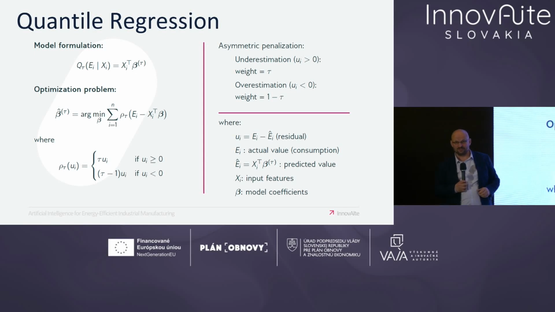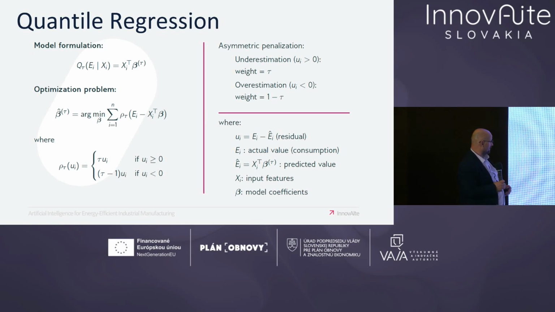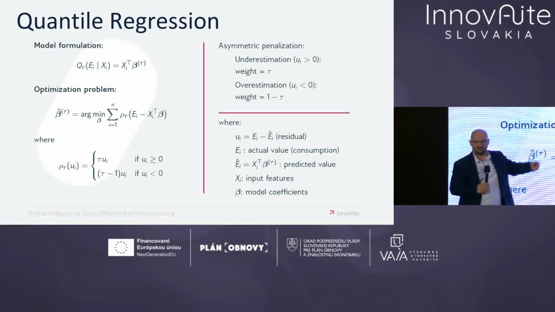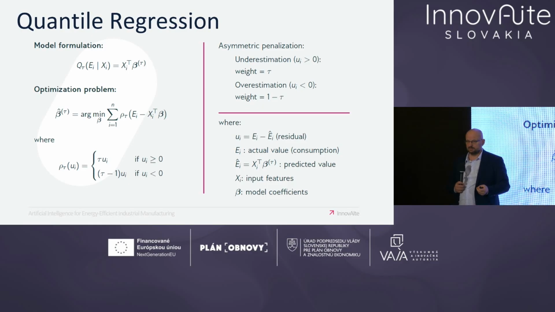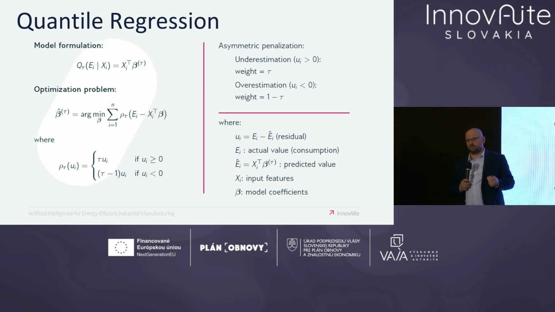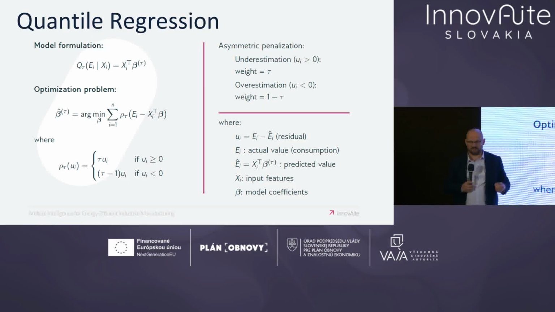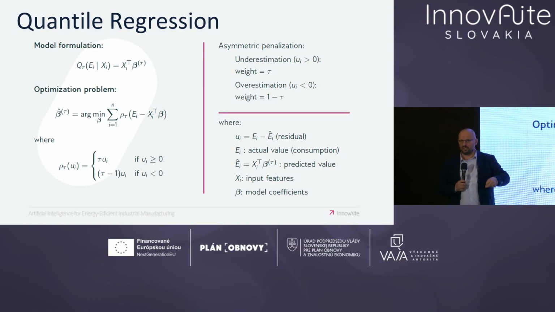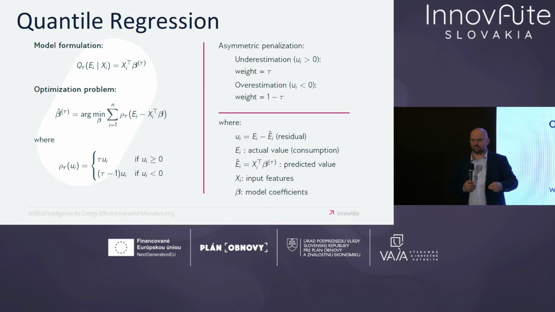My colleague, a mathematician, wrote down the equation of the quantile regression. What's most important here is this line and this word, that it's an optimization problem. Mathematical optimization, when you ask a mathematician what optimization is, means you are looking for a minimum of a function.